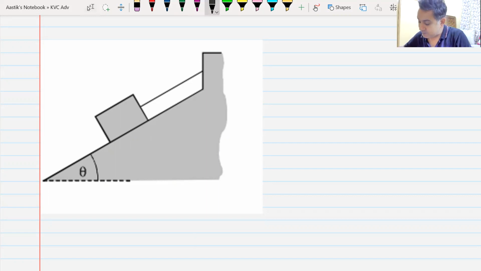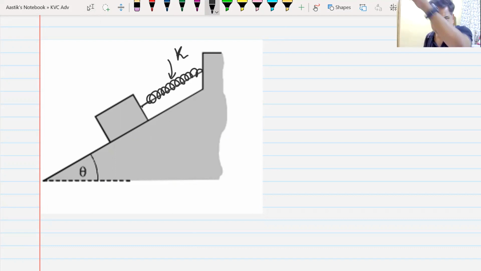Okay, so I will now make it into a spring. Now it becomes a spring and its spring constant is, let us say, K. Now when I put it like this, will the block extend the spring or compress the spring?